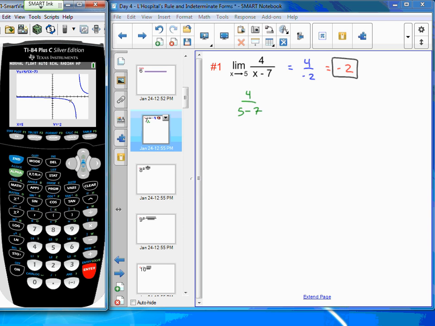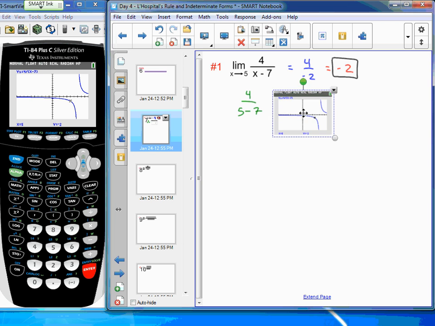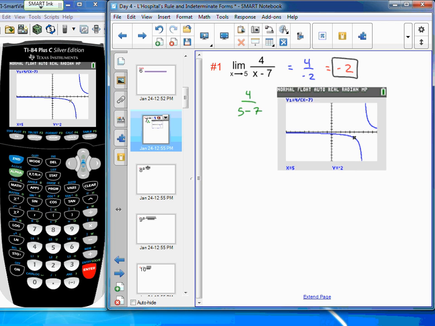It's smooth from both sides, so it looks like we're getting negative 2 from both sides. And our algebraic technique, for the rightmost box, what was our algebraic technique? Direct substitution. So we were able to evaluate that through direct substitution.